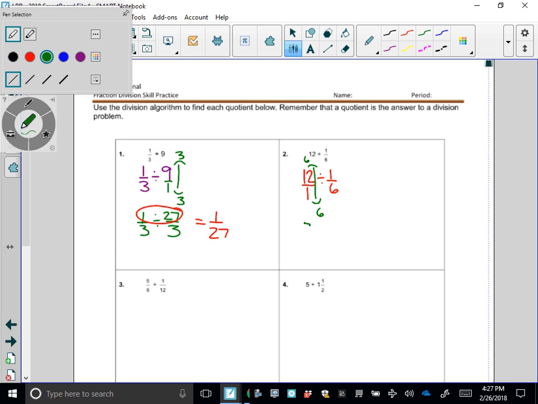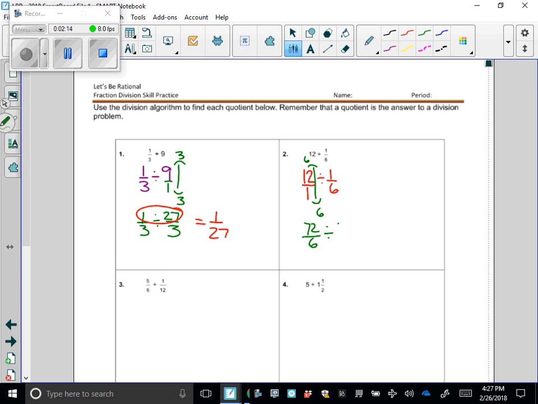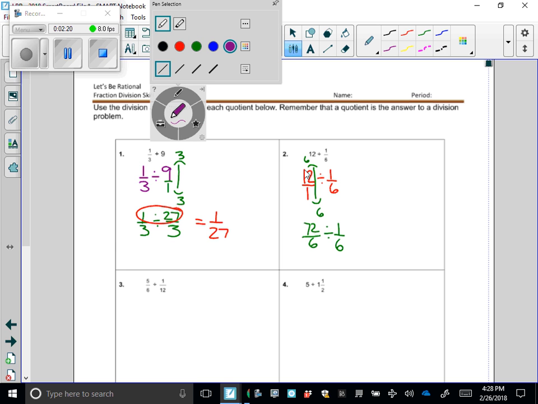So 12 times 6 is 72. So the algorithm, once we have a common denominator, we just do 72 divided by 1, which is 72. That's our final answer.